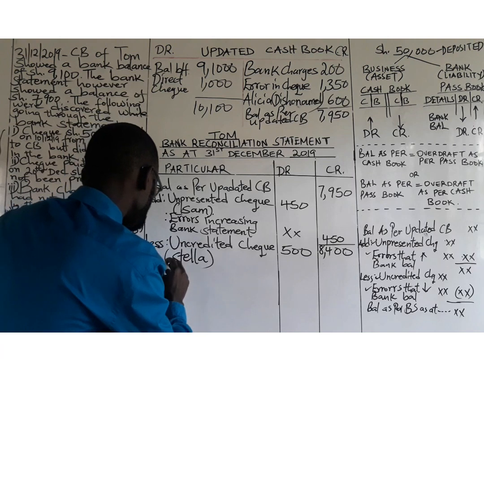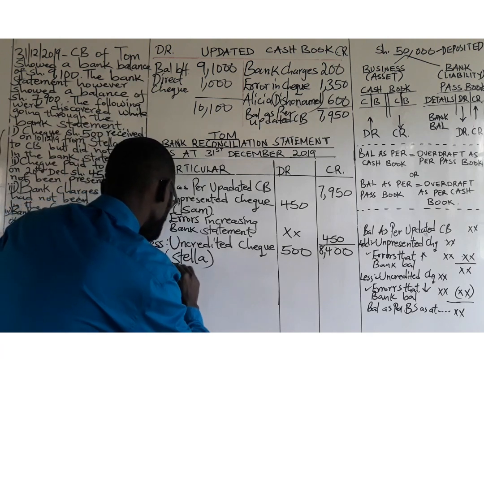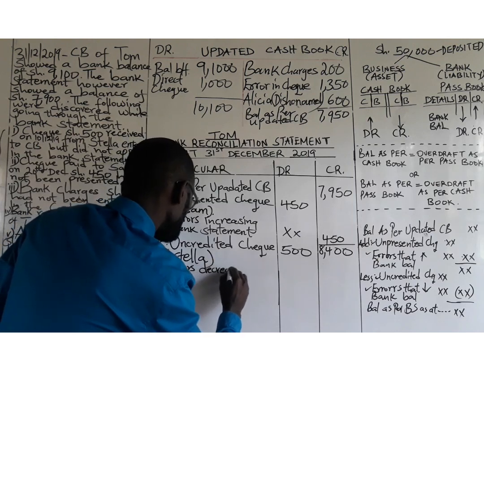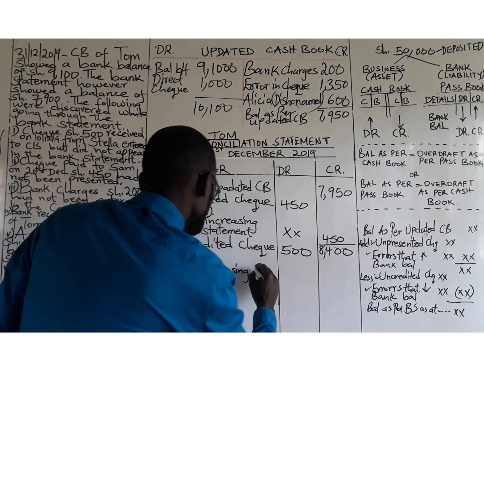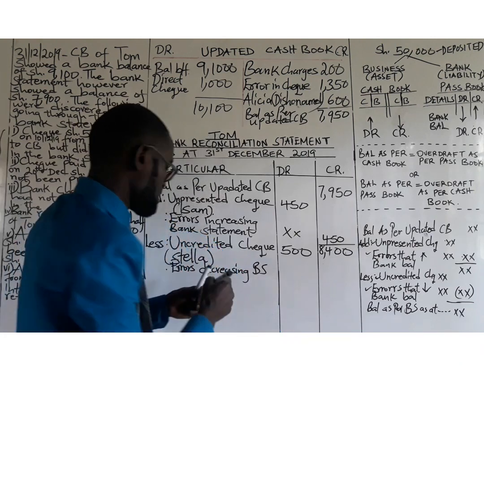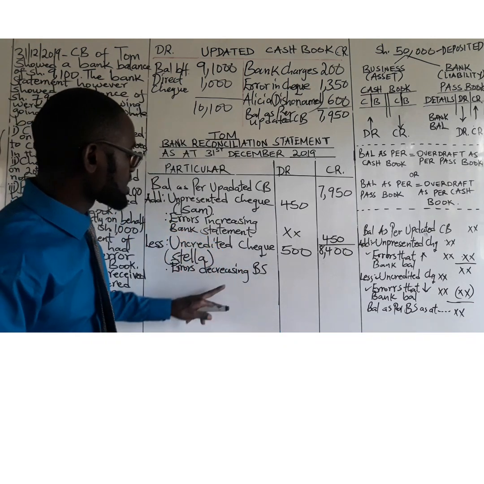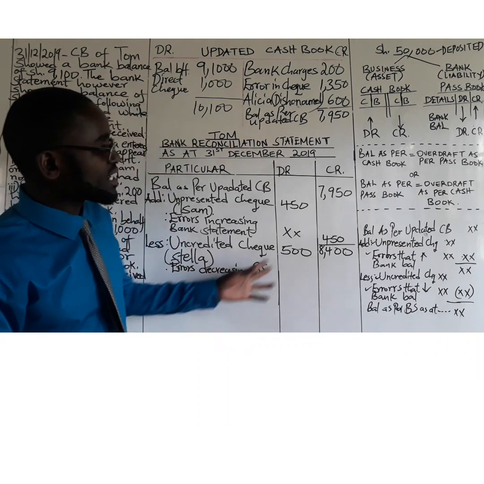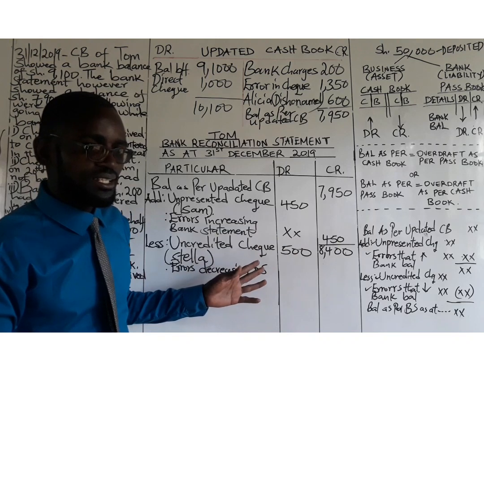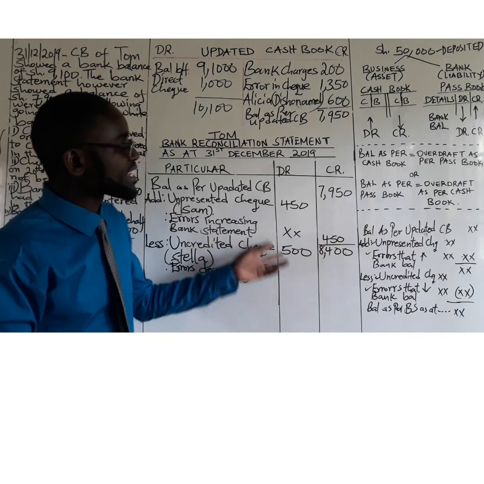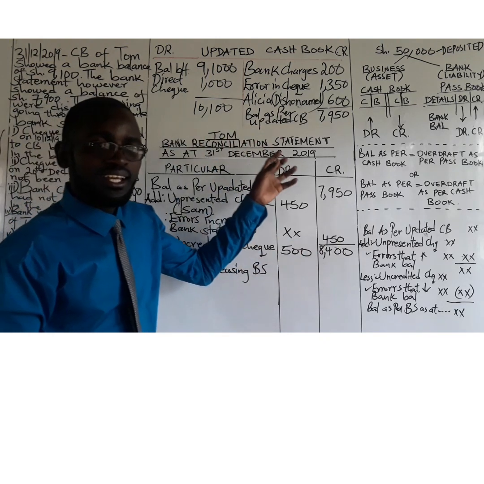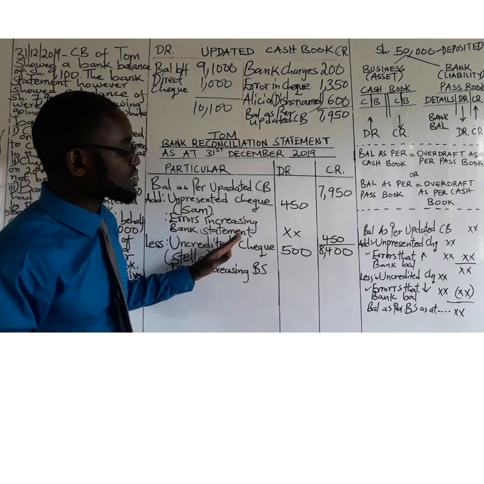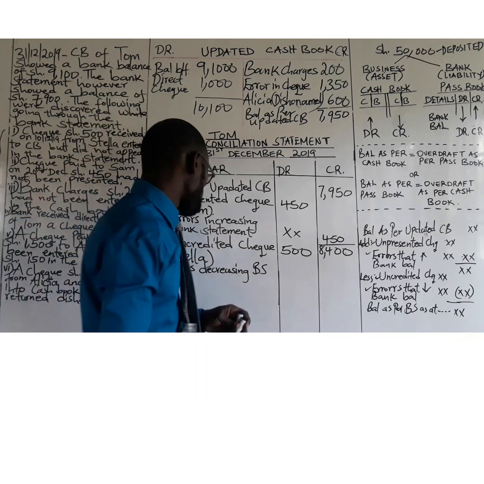We also less errors decreasing the bank statement. We less errors that decrease the bank statement. Why? Because whatever is trying to decrease the bank statement, we assume that they are featuring in the cash book. So we less them from the cash book so that the two can come into agreement.